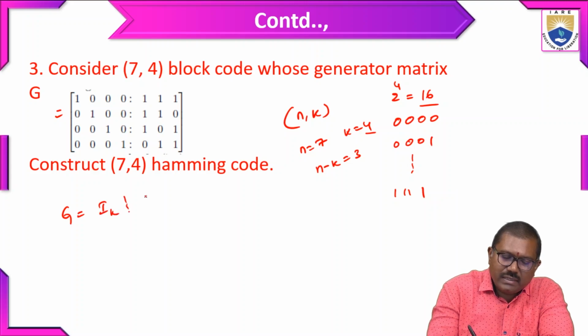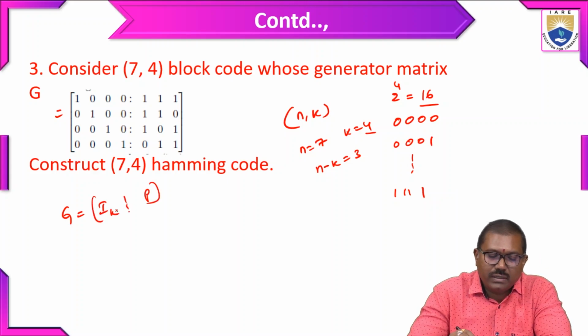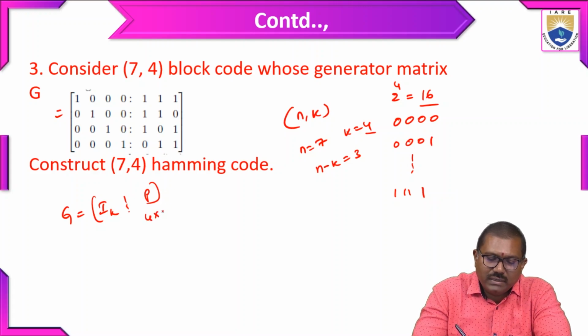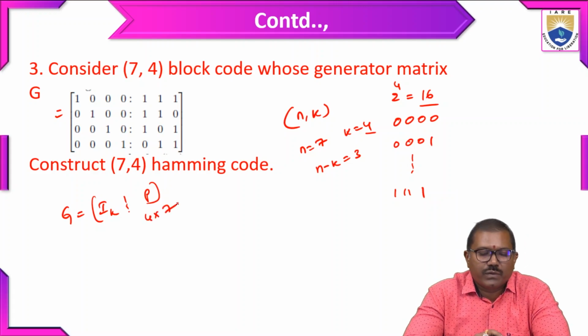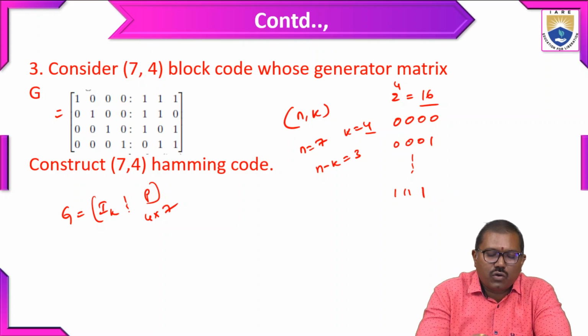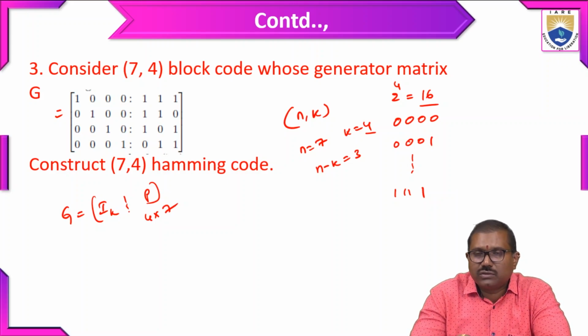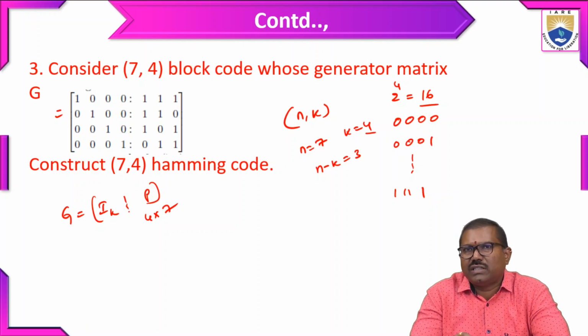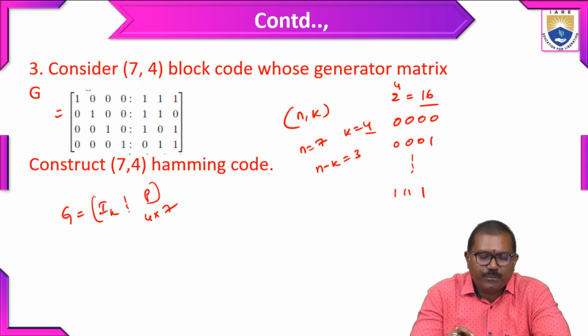What is my G size? G is in the form of [IK P], and my G size is 4 by 7. You can see 4 rows, 7 columns. So my generator matrix size is 4 by 7. In this generator matrix, it is in the form of [IK P].